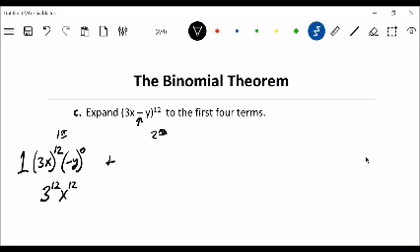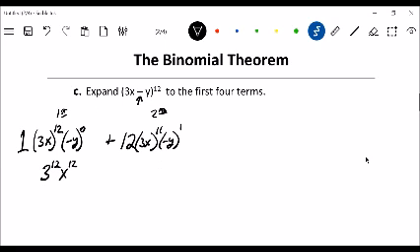The second term is going to be the exponent 12, the 3 times x raised to the 11th power, and the negative y raised to the 1st power. So before I go to the next one, let's follow what's going to happen here. That's going to be a 12 times 3 to the 11th, x to the 11th, times this negative is a negative 1 that'll be raised to the 1st power, and then a y to the 1st power. So we have a negative there that, because that's a negative 1 times y, that's really what it is.